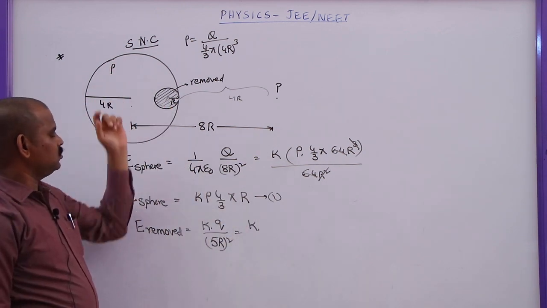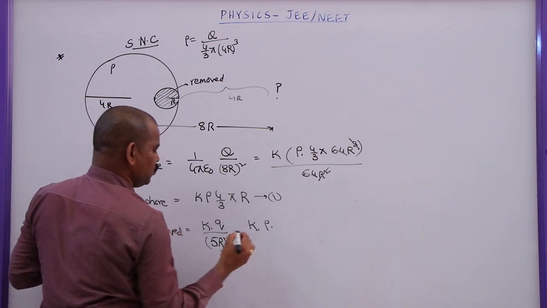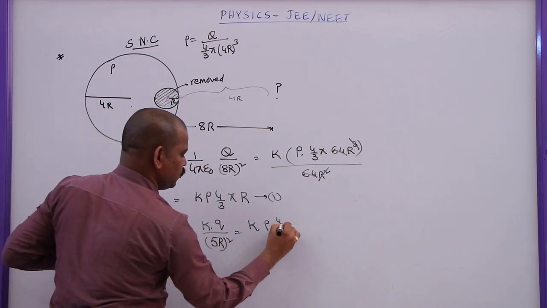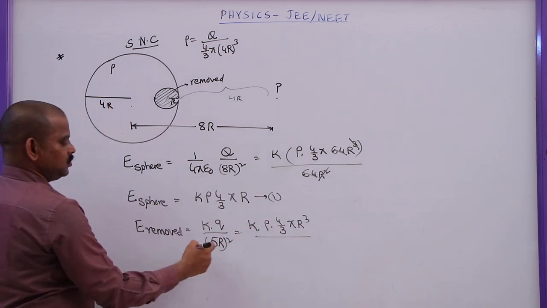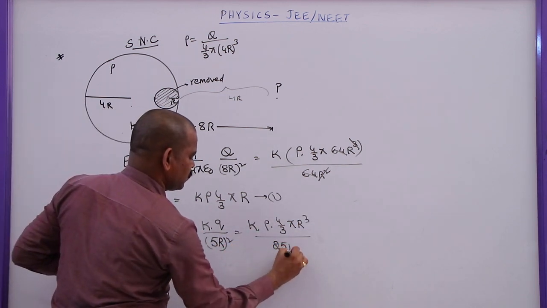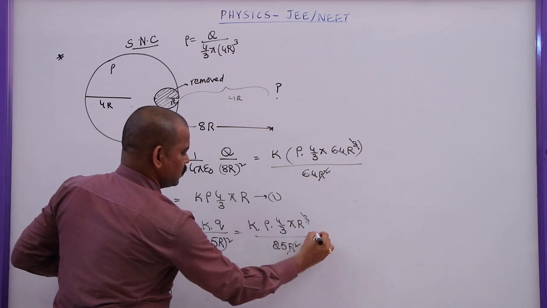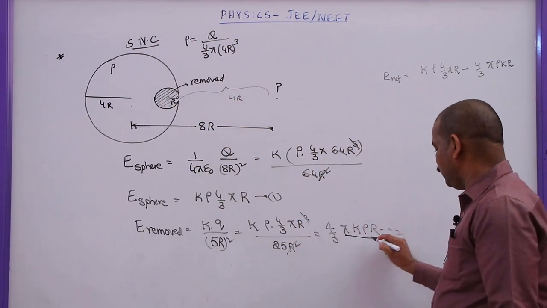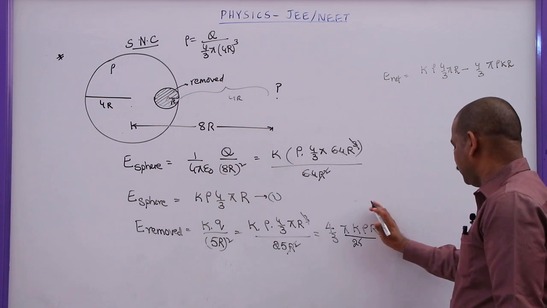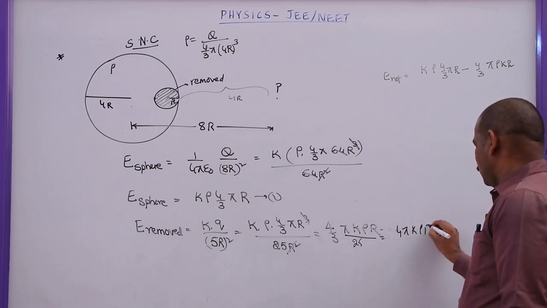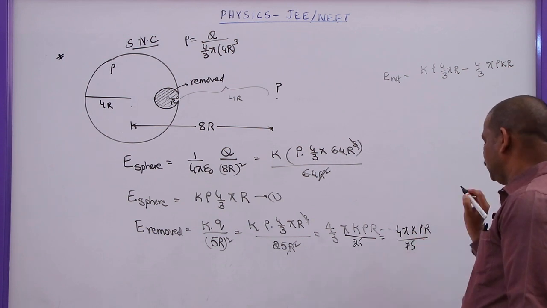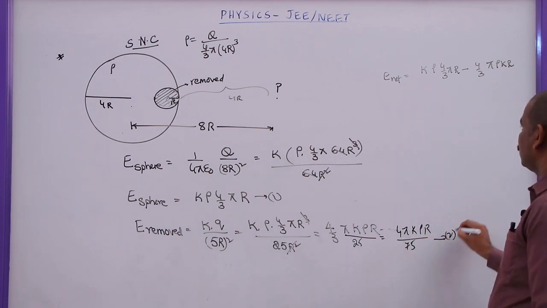Since the charge density is rho, q is rho into the volume, 4 by 3 pi r cube, by 25 r square. The r square cancels, and 25 remains. This can be written as 4 pi k rho r by 75. So this is equation 2.